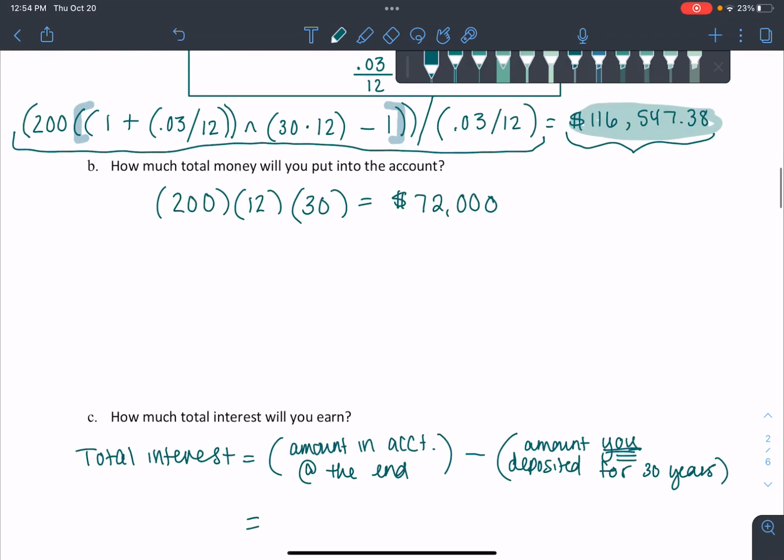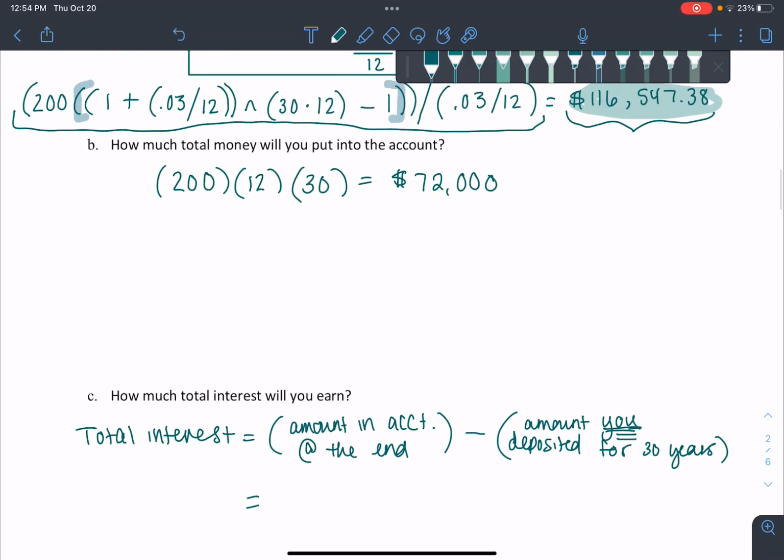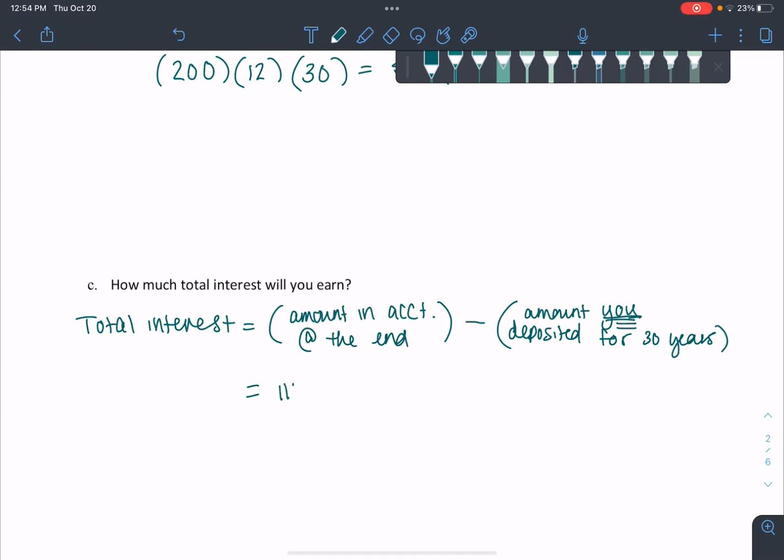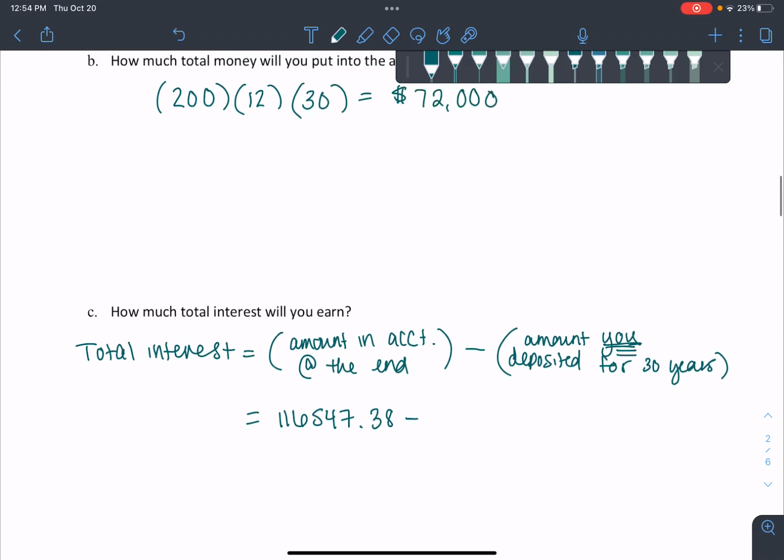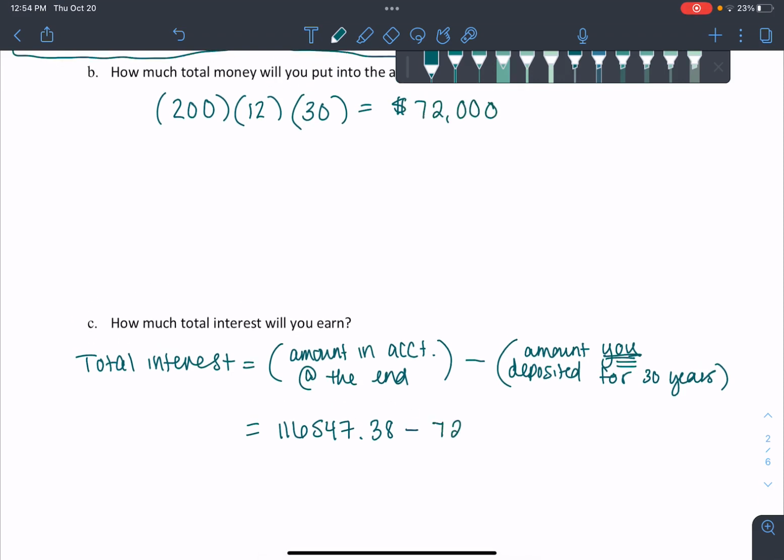So that was the total amount, the 116,547 and 38 cents. And from that, we're going to take away all that we put into it. What we put in for 30 years, month after month after month, which was the 72,000.